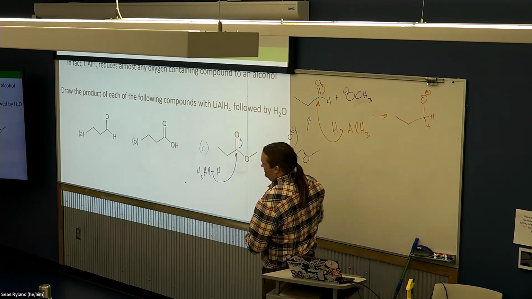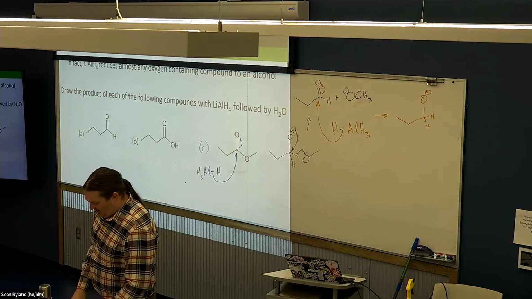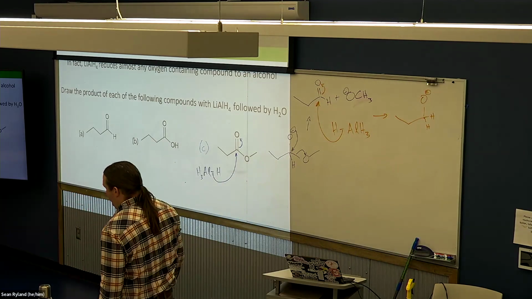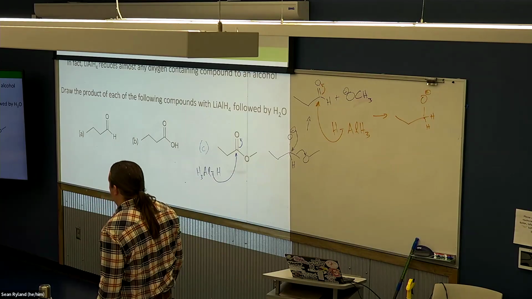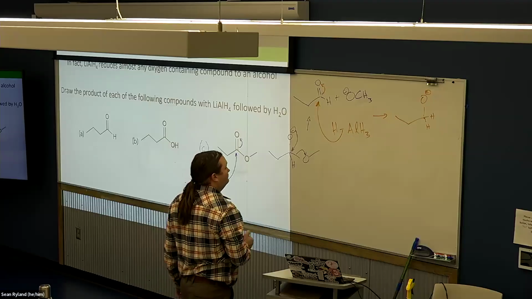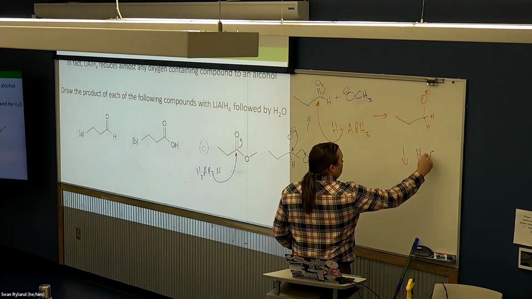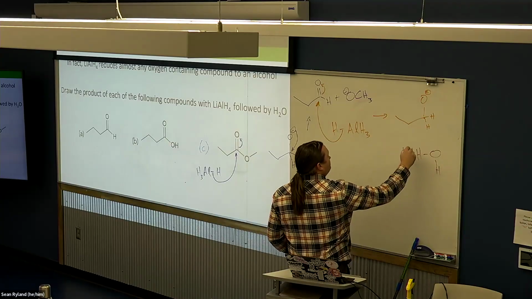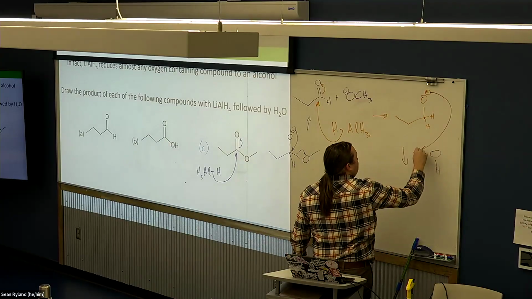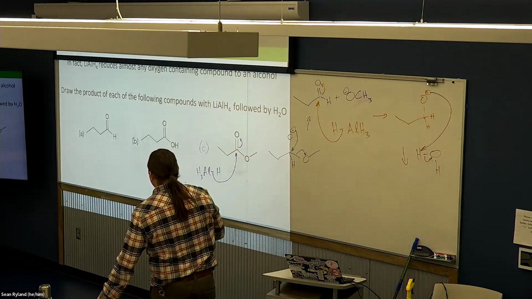Now we've added 2 hydrogens on there, which we don't need to draw, obviously, for a skeletal structure, but can't hurt. Then a quick proton transfer and we're home.